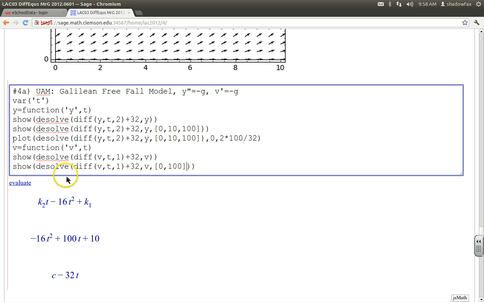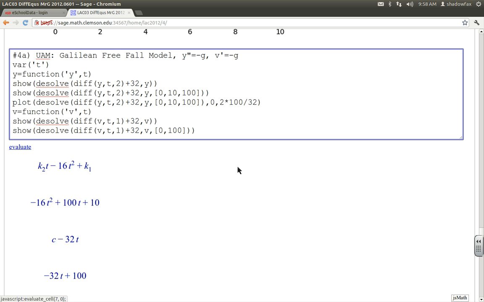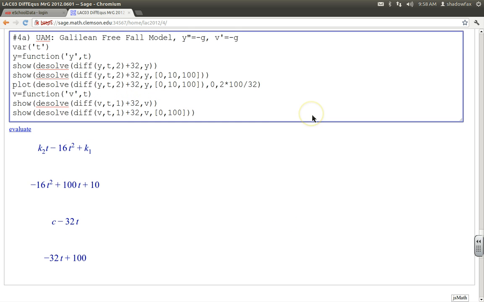This is v, so v of 0 is 100. That's what I'm saying. Does that make sense? Negative gt plus v0. Have you never seen this? All right, if we graph that, you'll see the derivative and the curve together.